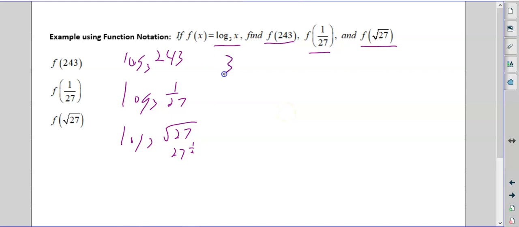So this is 3 to the 5th power. Remember, 3 cubed is 27, so negative 3 will move it downstairs.